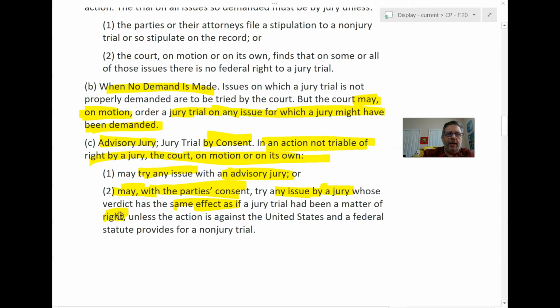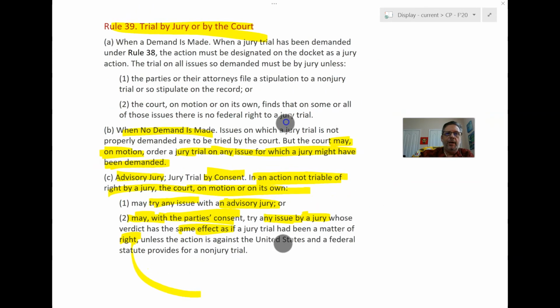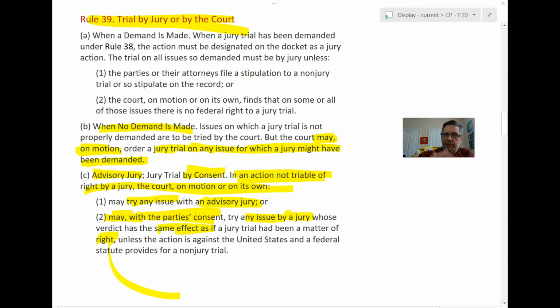Of course, an injunction is typically not something which has a jury trial as a matter of right, but under FRCP 39(c)(2), the parties can move and consent to a jury trial anyway. So we can have a jury trial then.